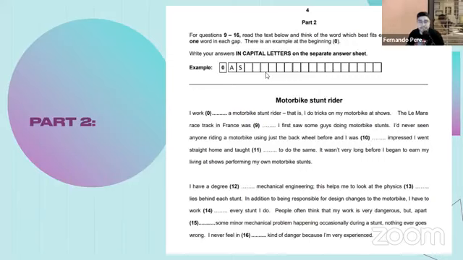There is an implicit that in this text. I've never seen anyone riding a motorbike using just the back wheel before. And I was so impressed that I went straight home and taught blah, blah, blah. There is an implicit that over here.